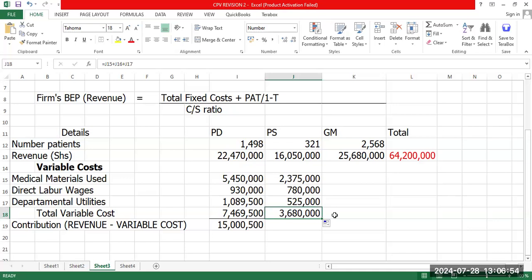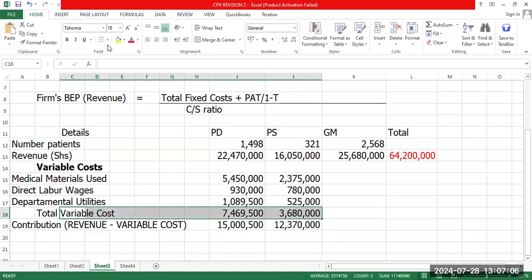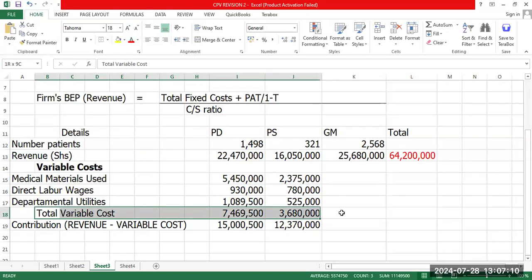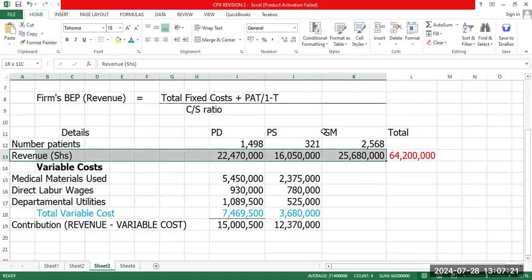Okay. Then to get contribution, I get revenue minus my variable cost. Okay, I am doing this.